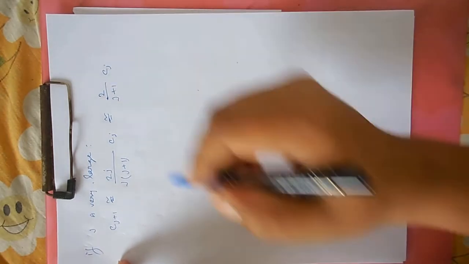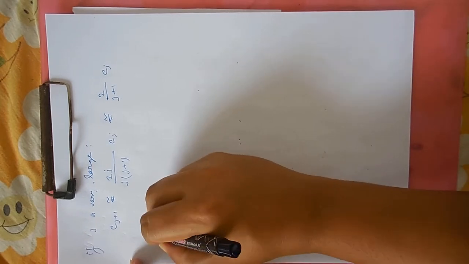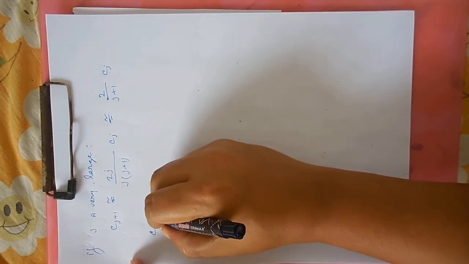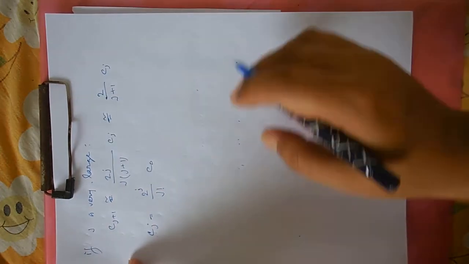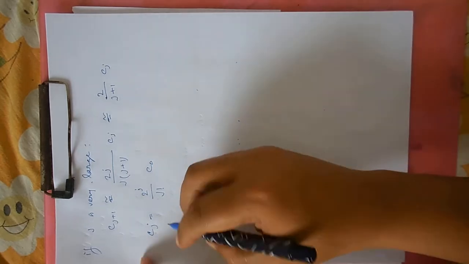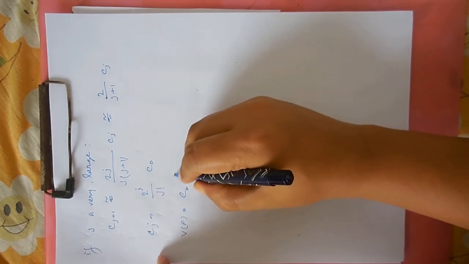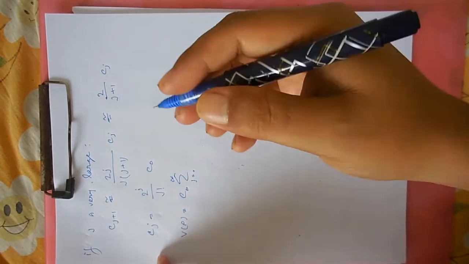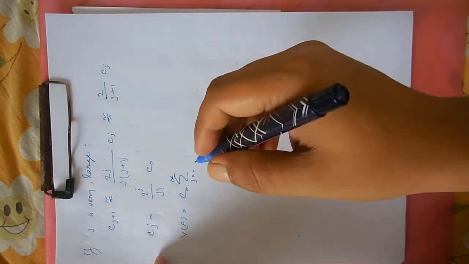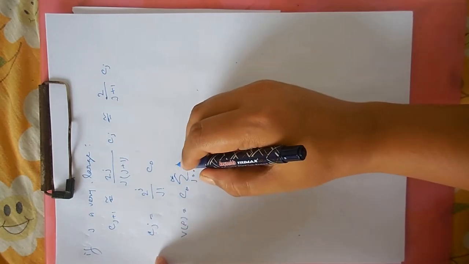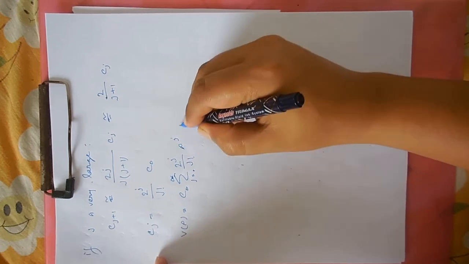Putting in all the values C1, C2, C3 like that, we get a solution like 2^j over j factorial. Then v(ρ) will be, just put the values of Cj there, where we had considered v(ρ) as the sum of Cj ρ^j.